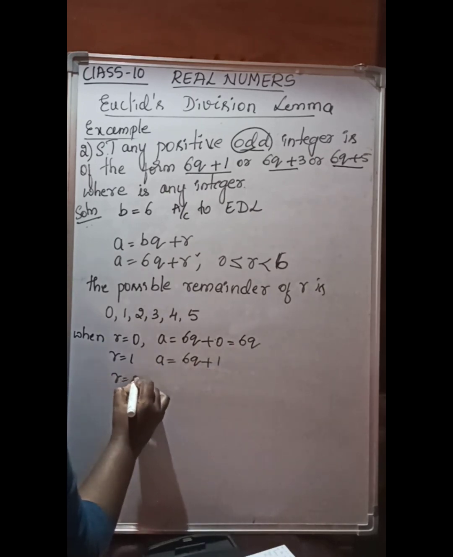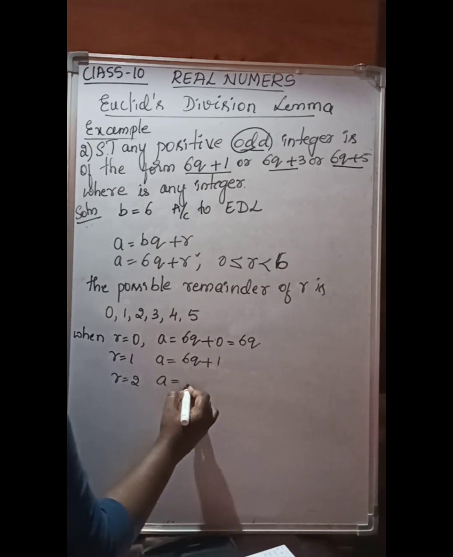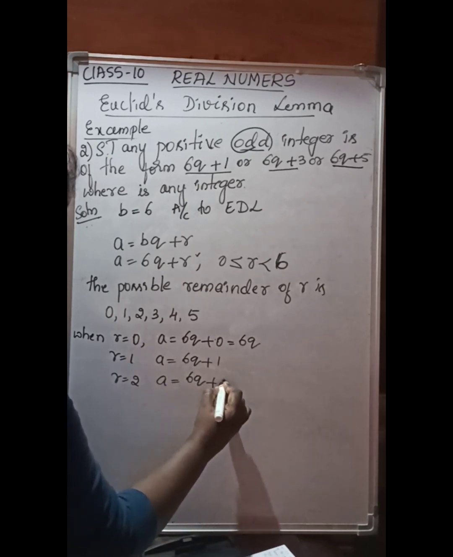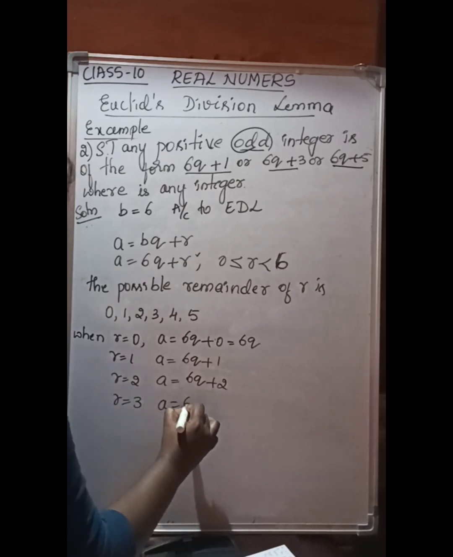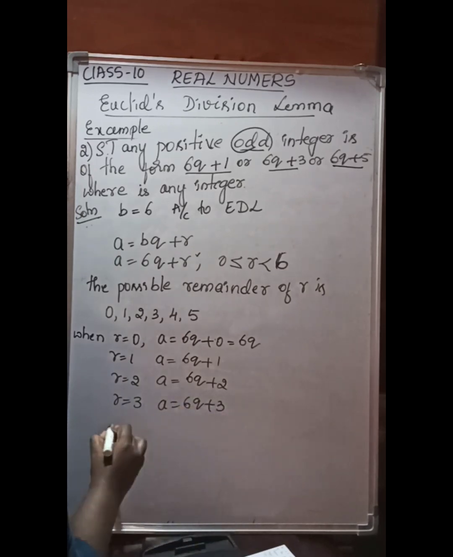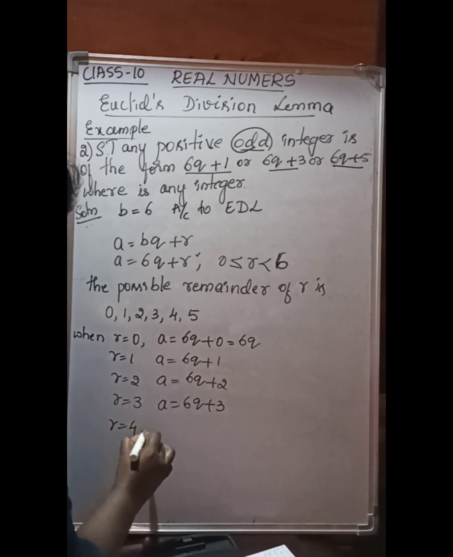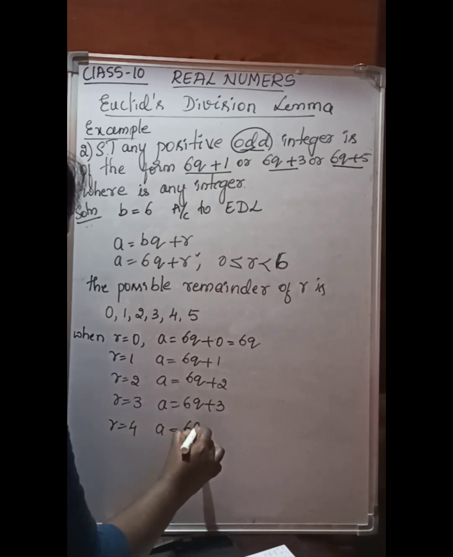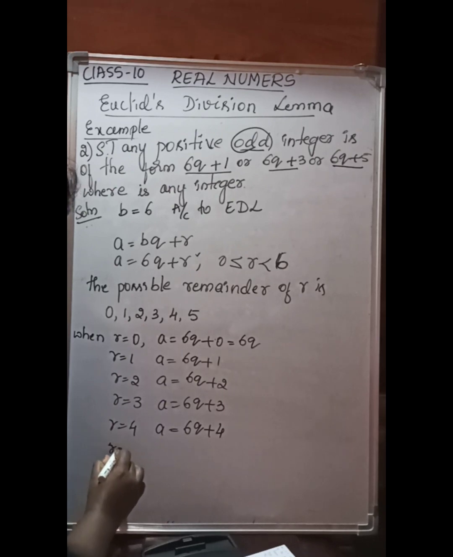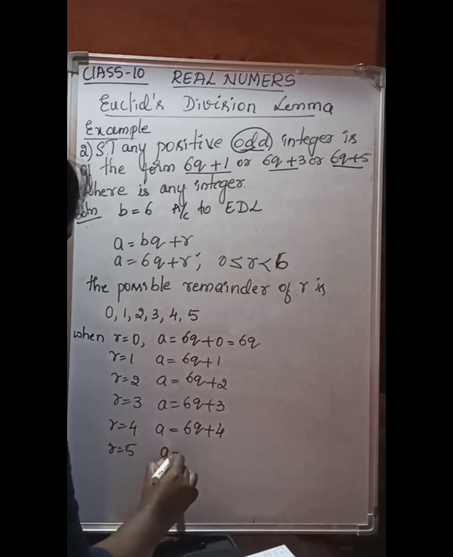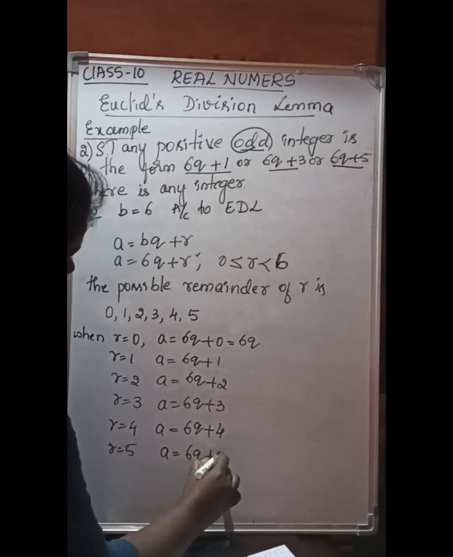When r equals 2, a will become 6q plus 2. When r equals 3, 6q plus 3. When r equals 4, a equals 6q plus 4. When r equals 5, a equals 6q plus 5.